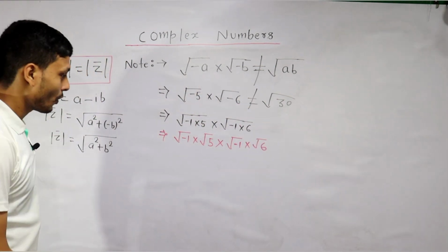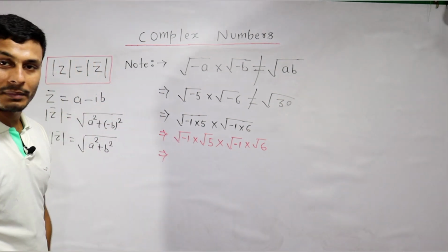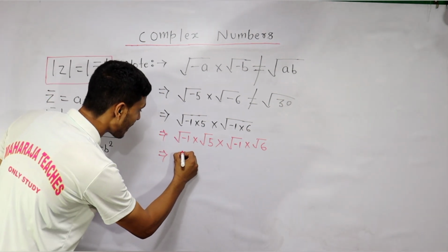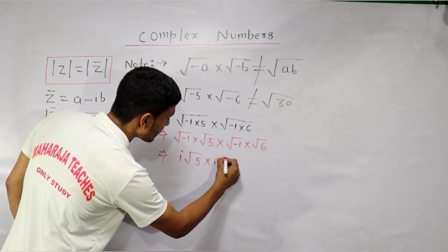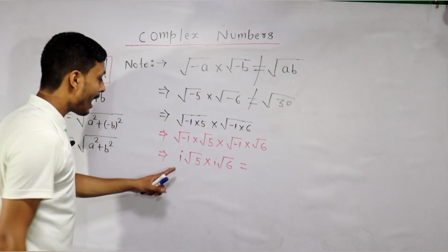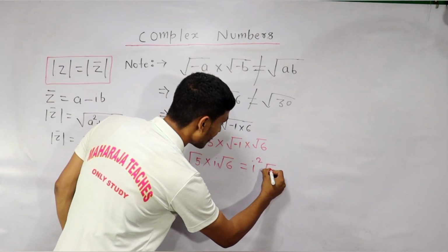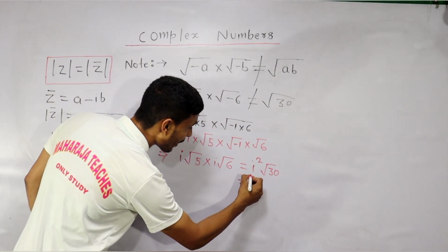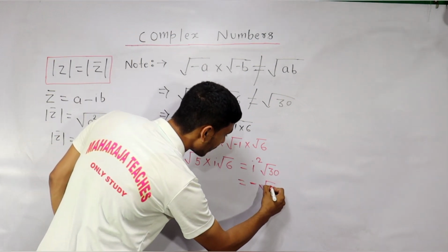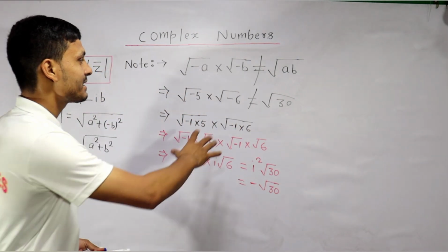The square root of minus 1 is i, so that is i root 5 into i root 6, which is i square into 30. Here i square is minus 1, so this equals minus 30.